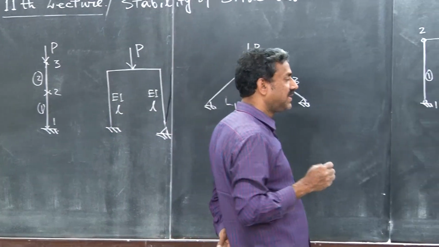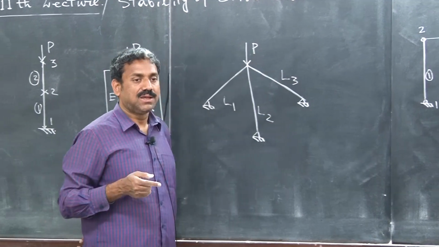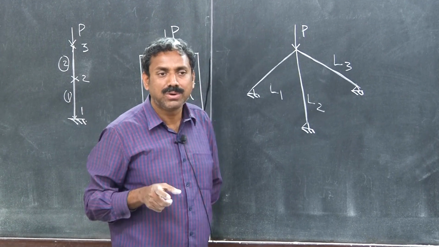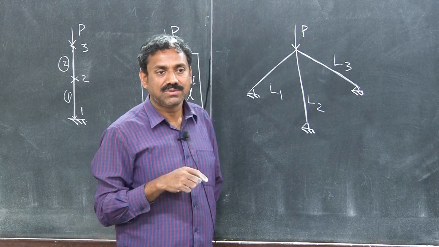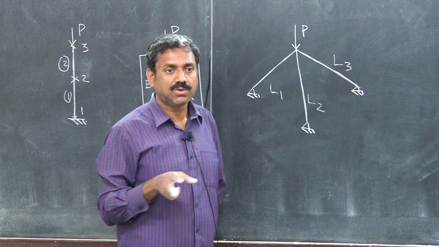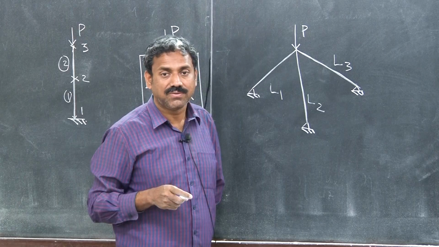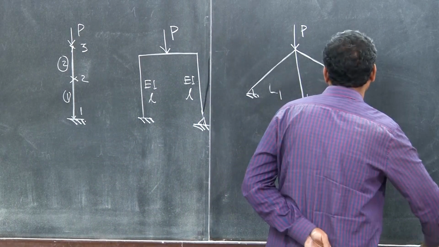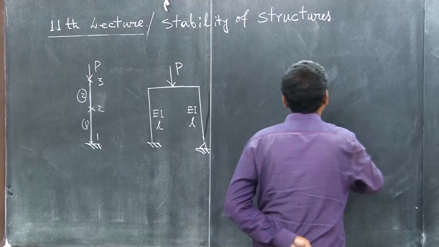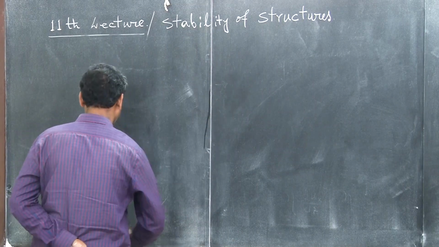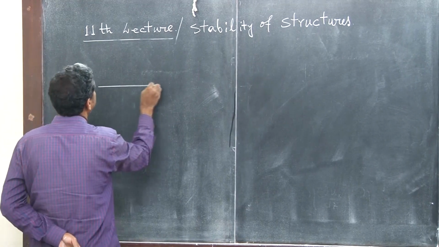First we will try to derive the matrices at the element level, which are required to find the critical load for buckling, okay. We are not considering the post buckling strength.